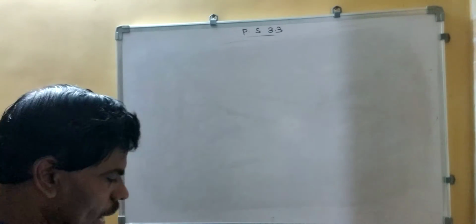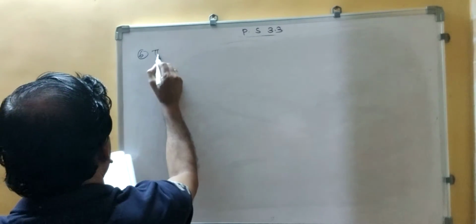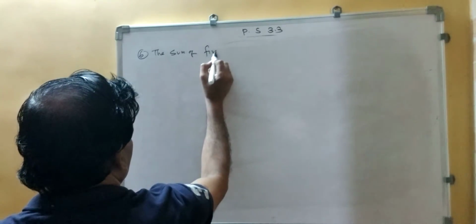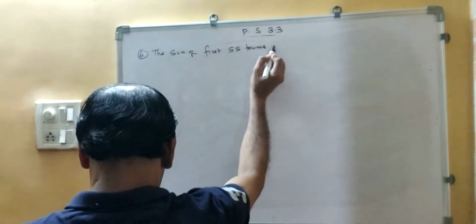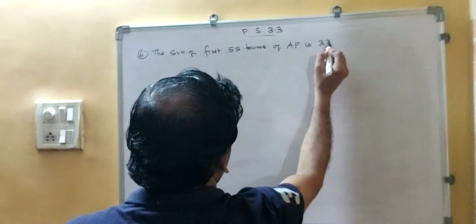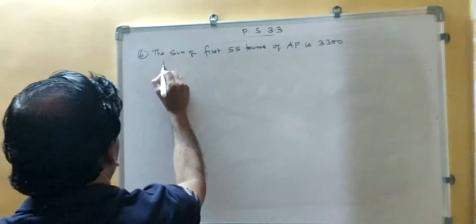Now, next sum you can try, another one I will do, sum 6. The sum of first 55 terms of AP is 3300. Find the 28th term.